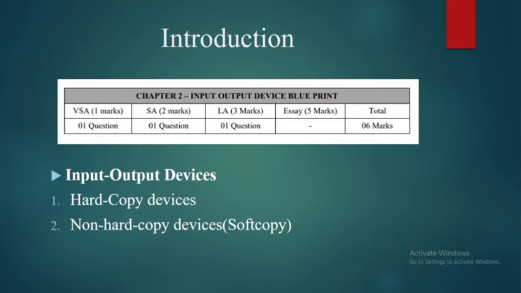Mainly, why do we need a computer? In order to process some data. According to the user requirement, it processes the data. And as we all know, data and instructions are very essential. You can call them an asset for communication.